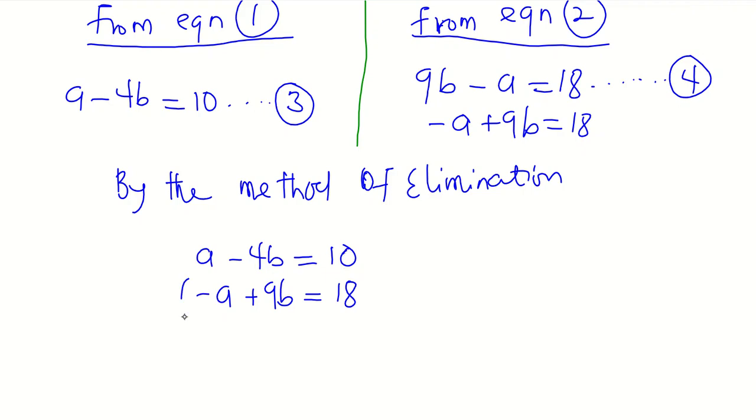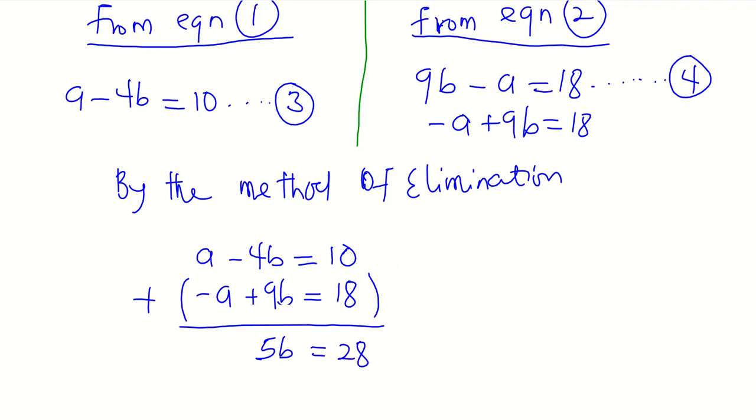Now we can add these two: a minus a is going to give us 0, and minus 4b plus 9b gives positive 5b, which is equal to 10 plus 18, that is 28.